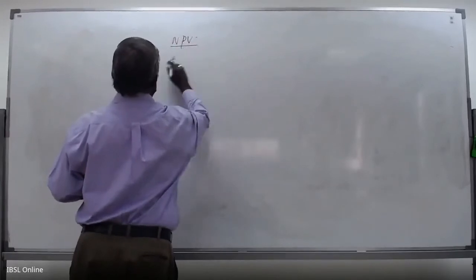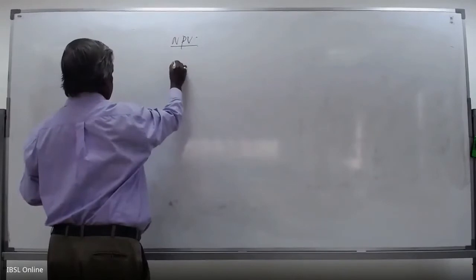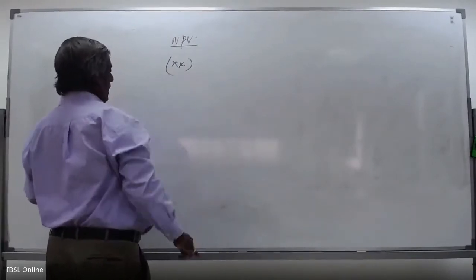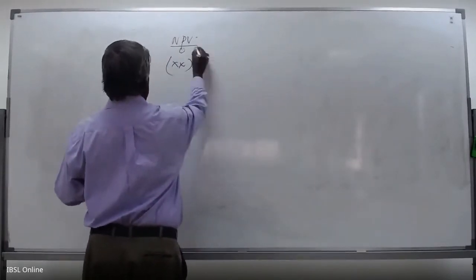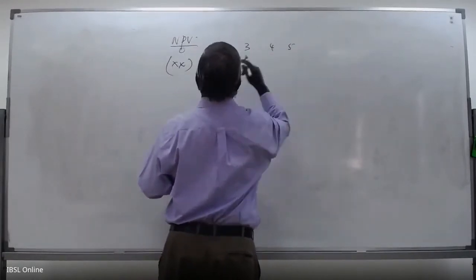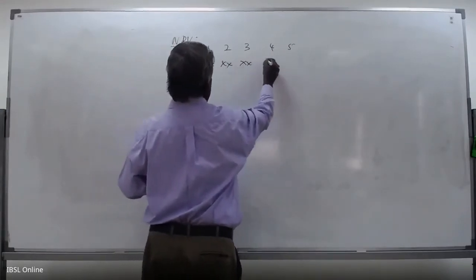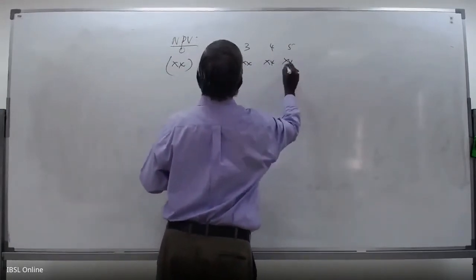Now, maybe the investment is negative in year 0, then years 1, 2, 3, 4, 5 you will have values.